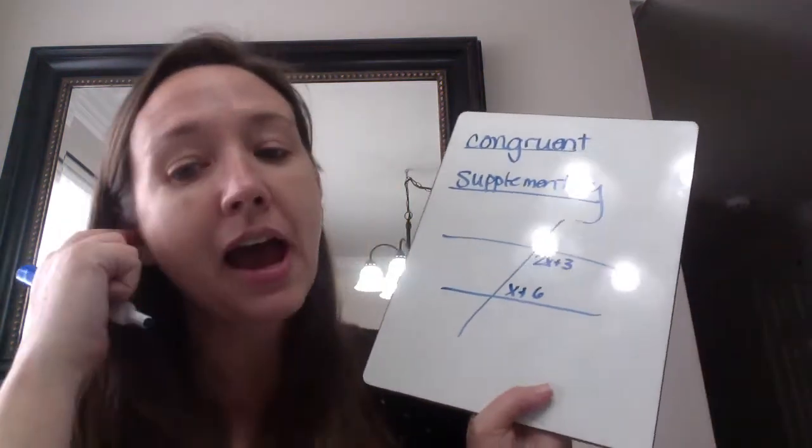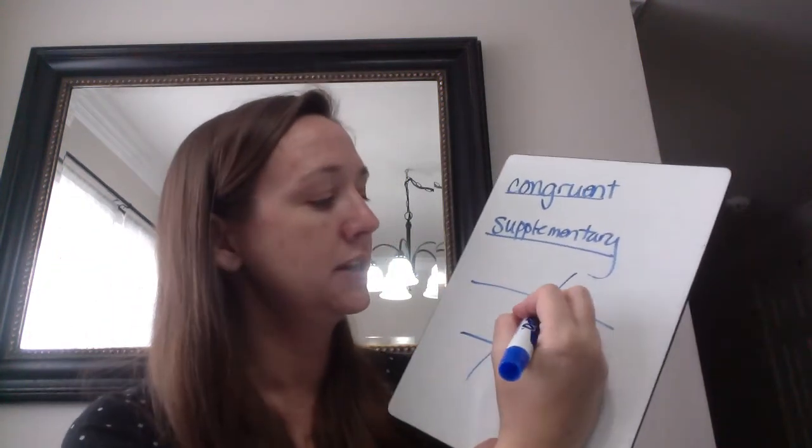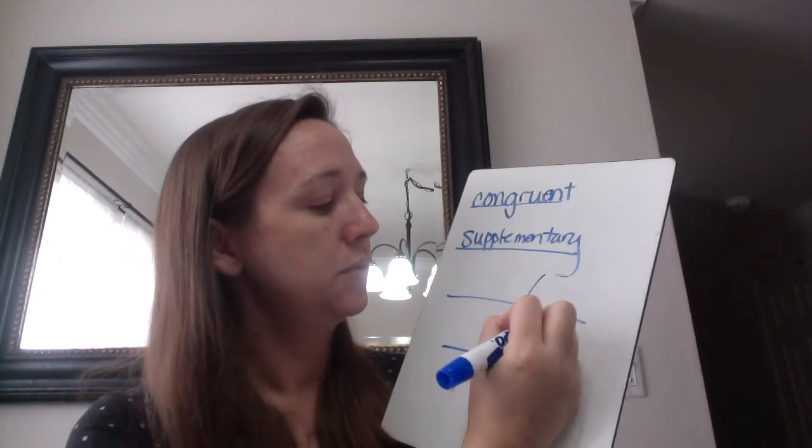So let's look at the examples that they gave us on the paper. They wrote 2x plus 3 and x plus 6. So we have to ask ourselves, are these going to be the same size or different size angles? So I'm tracing this one here, which is a large angle.